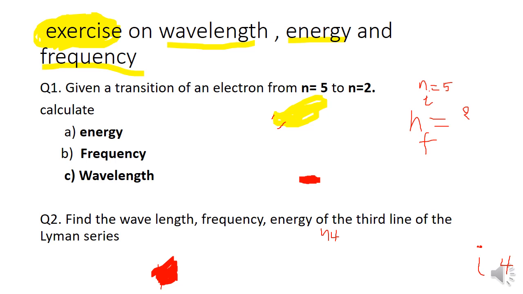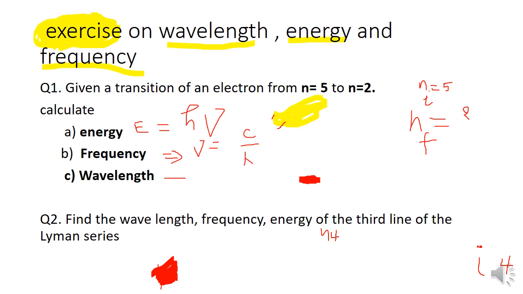If we are going to ask for energy, energy is equal to Planck constant times frequency, when frequency is equal to speed of light over wavelength.